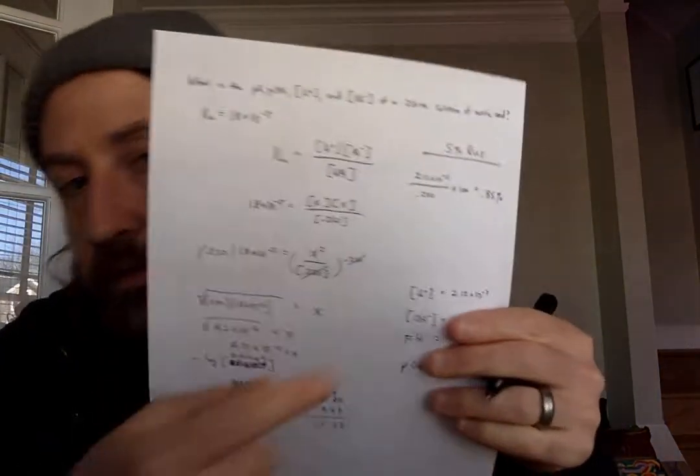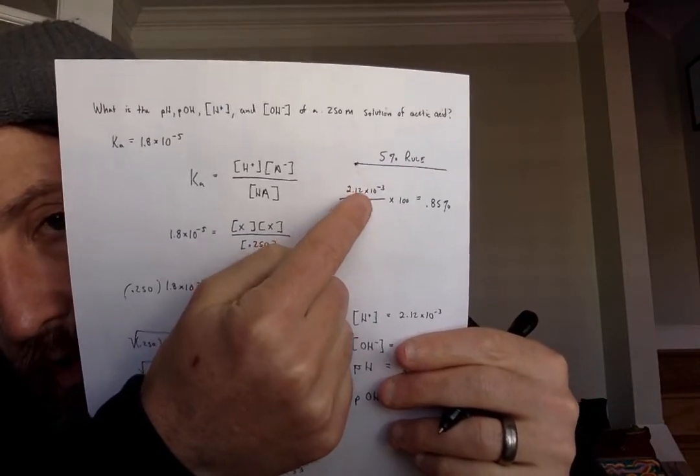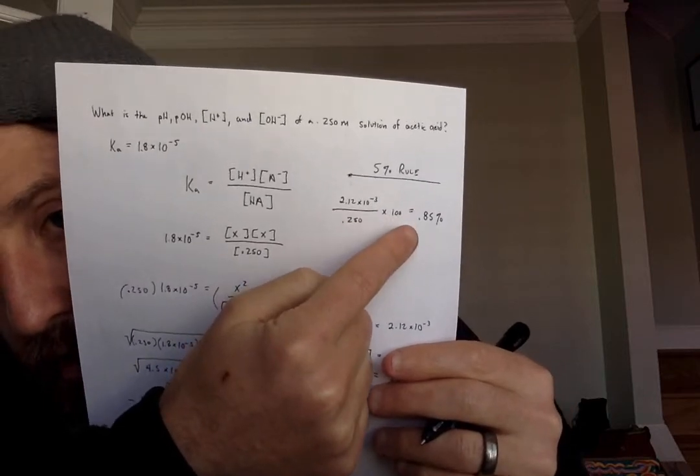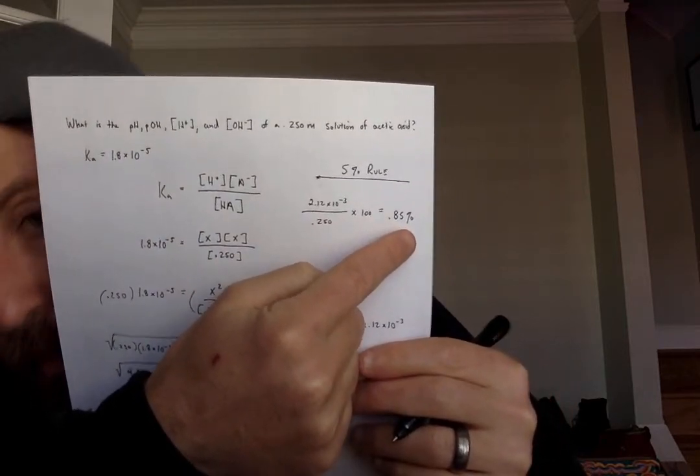So 2.12 times 10 to the negative 3, divided by 0.25, times 100, and not even 1% of it is ionized. That was just the hydrogen ion concentration we calculated over the original solution times 100 to make it a percent, and it's 0.85%, so less than 1% ionizes.